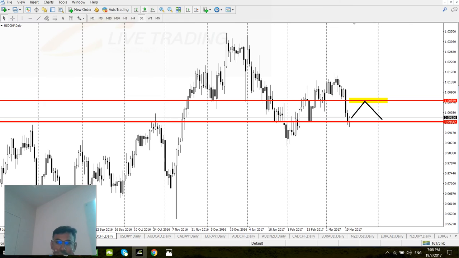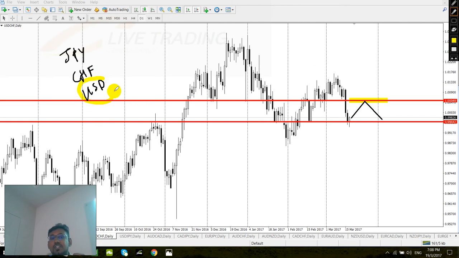USDCHF. Okay, a lot of sellers are coming. During crisis time, recession time, three currencies will strengthen in the world: Japanese yen, Swiss franc, and USD.